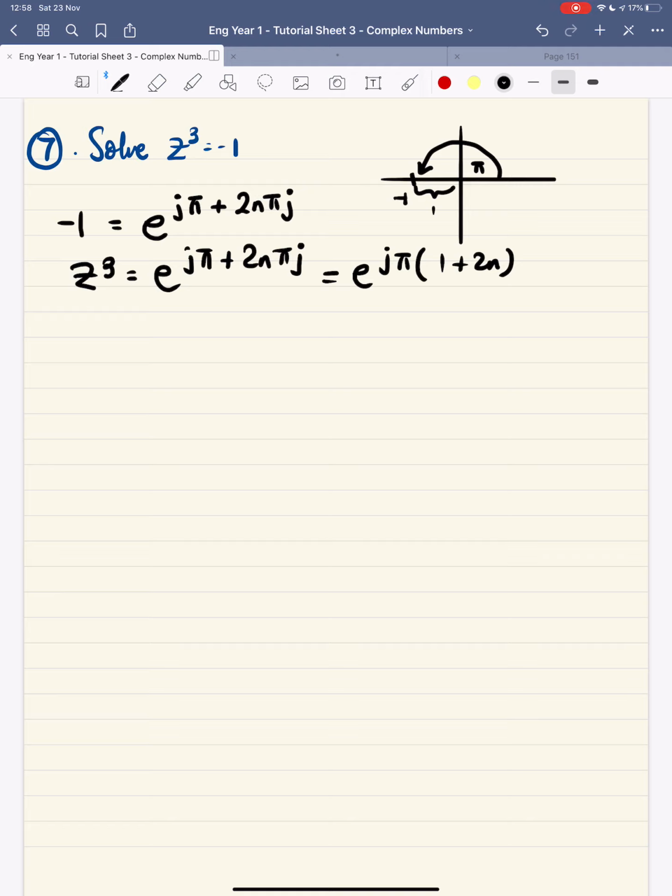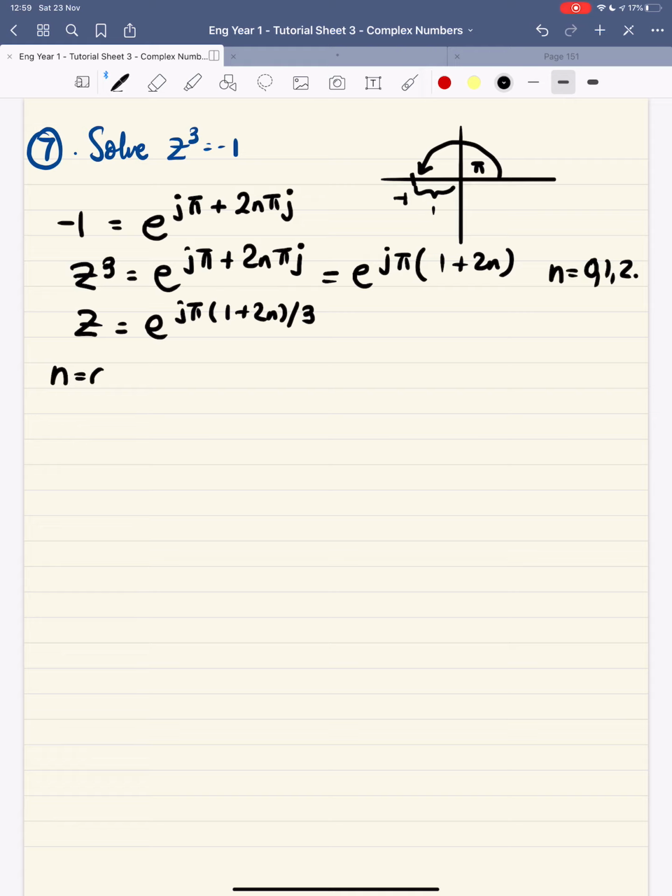That's factorising, taking a j pi outside the bracket. And we've got n is 0, 1, 2. So z is the cube root of this, so it's e to the j pi. The cube root of z cubed is z. The cube root of this thing, we say it's 1 plus 2n, we divide by 3, the cube root there.